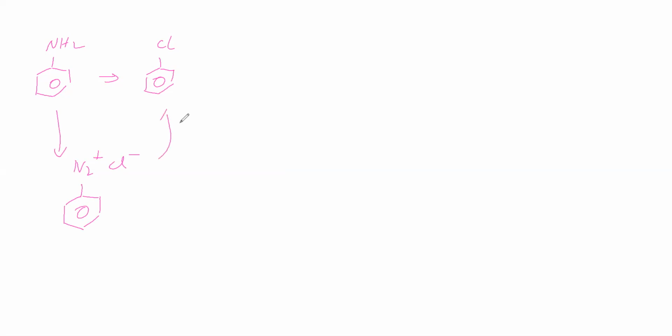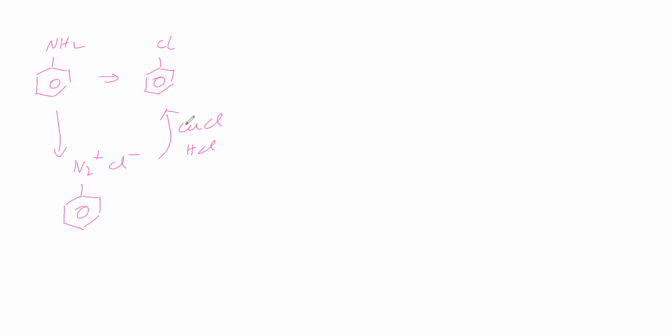Then take it for the Sandmeyer reaction, which uses cuprous chloride and HCl, so we will get chlorobenzene. Otherwise, we can take it for the Gattermann reaction, and we will get this compound.